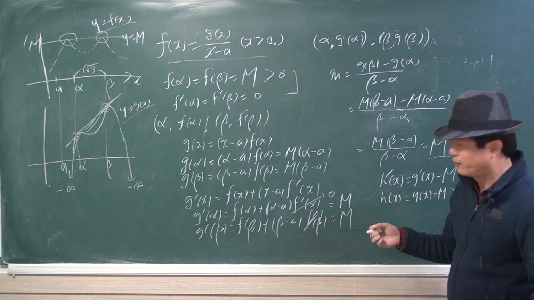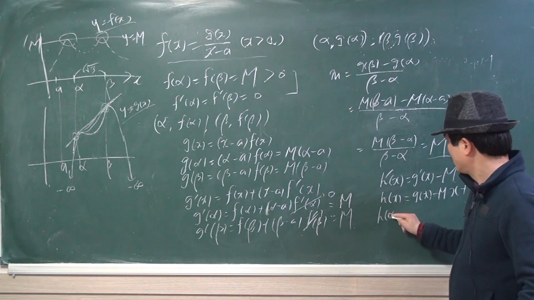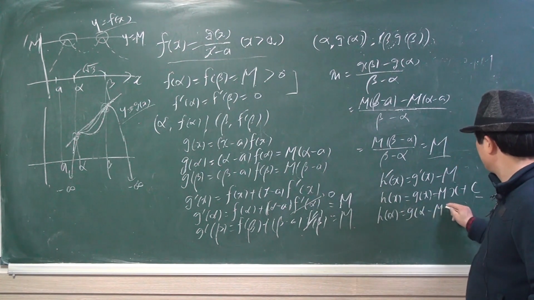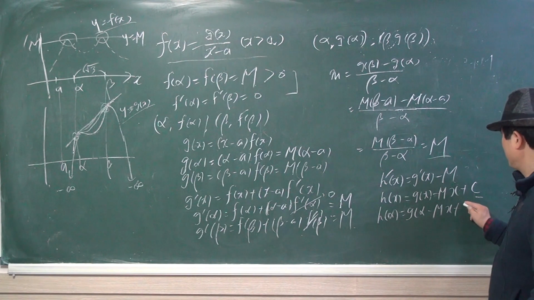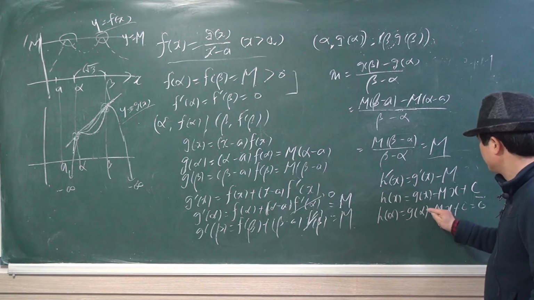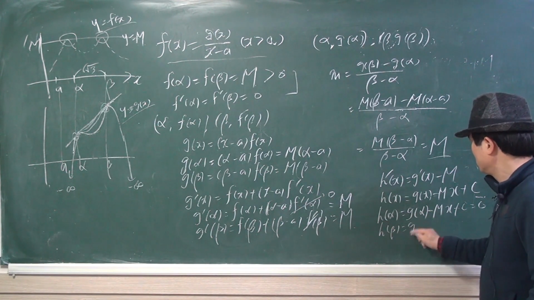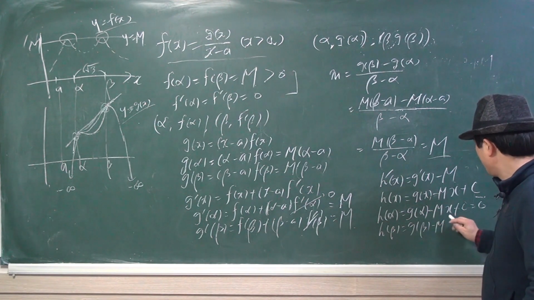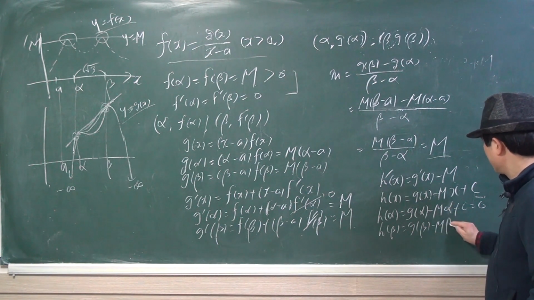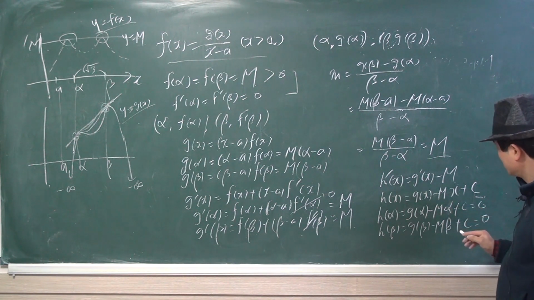We require that h(alpha) equals g(alpha) minus m alpha plus c equals 0, and h(beta) equals g(beta) minus m beta plus c equals 0.